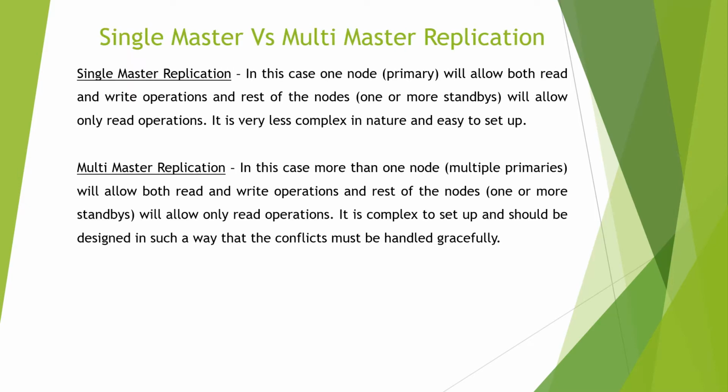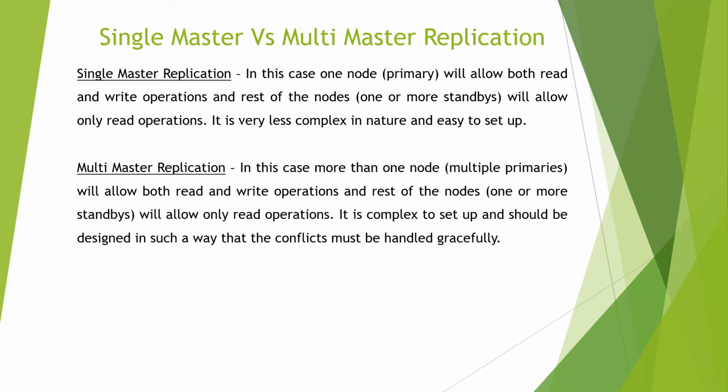Now let's discuss single master and multi-master replication. In single master replication, one node will allow both read and write operations, whereas the rest of the nodes will allow only read operations. It is much less complex in nature and easy to set up.